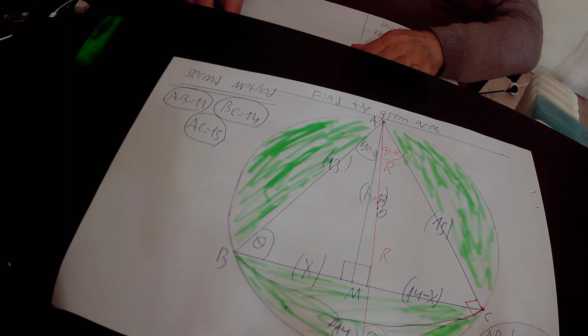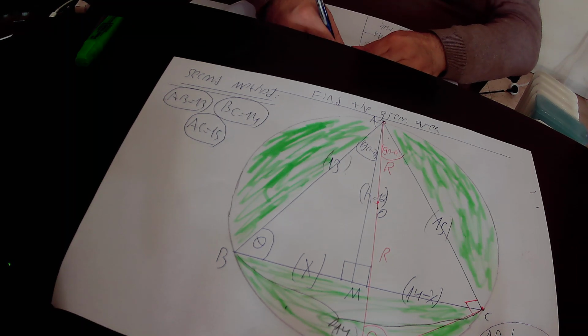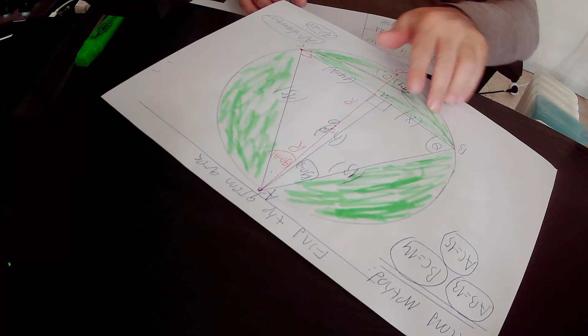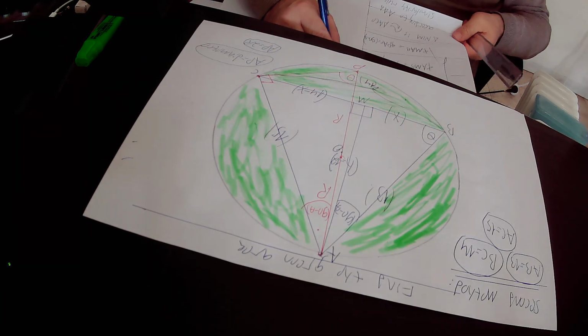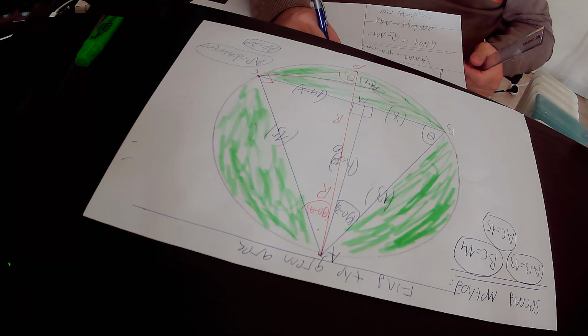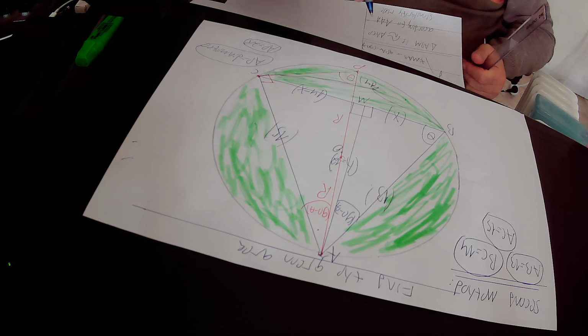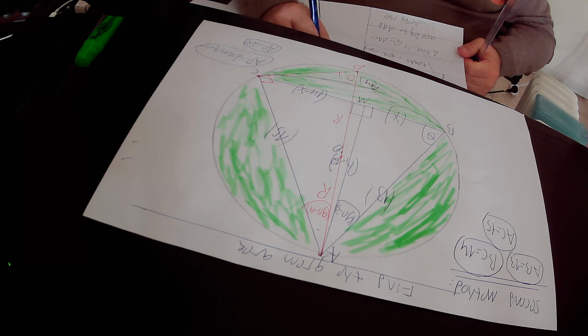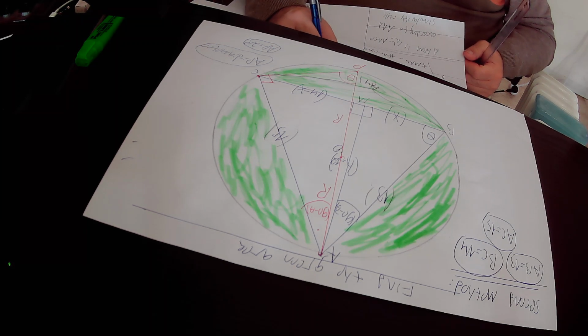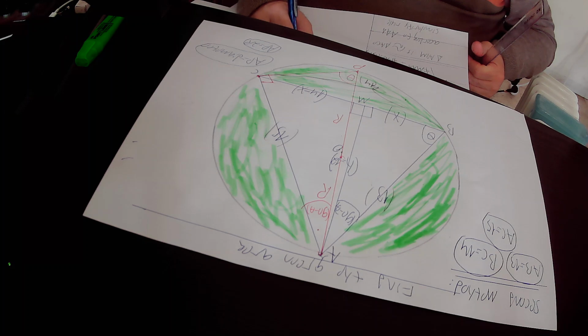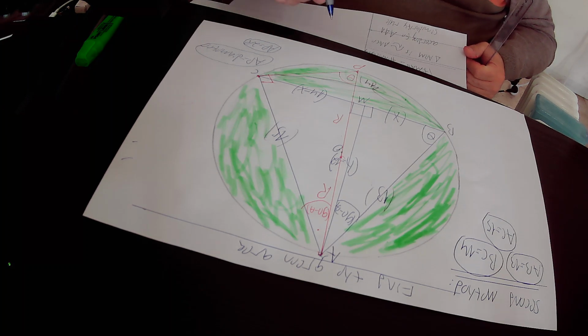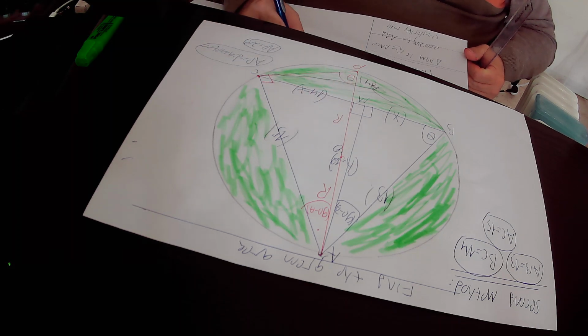We derive that side AB in triangle ABM over side AP in triangle APC is equal to side AM in triangle ABM over side AC in triangle APC.